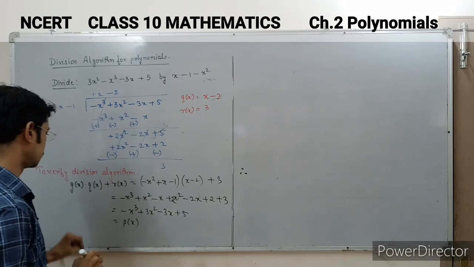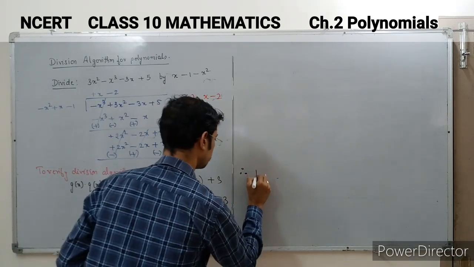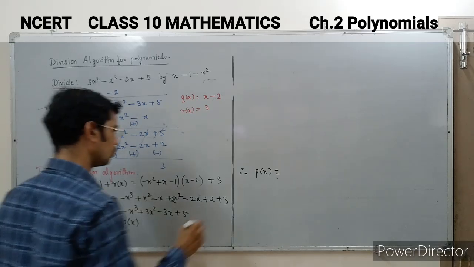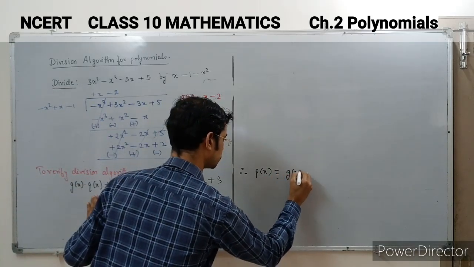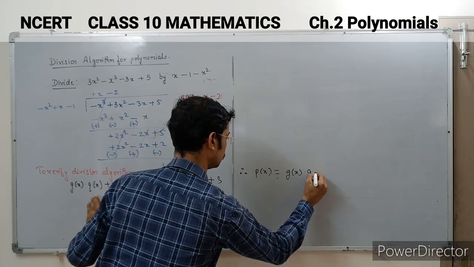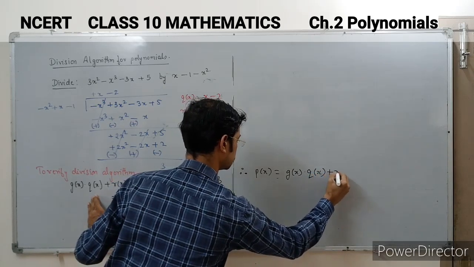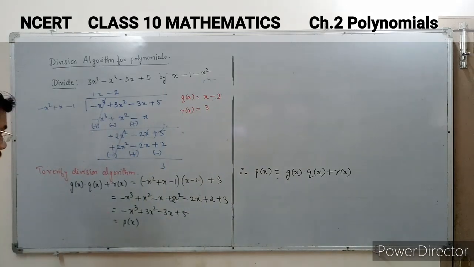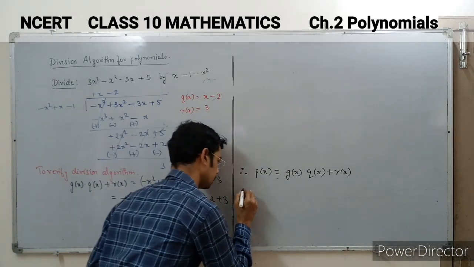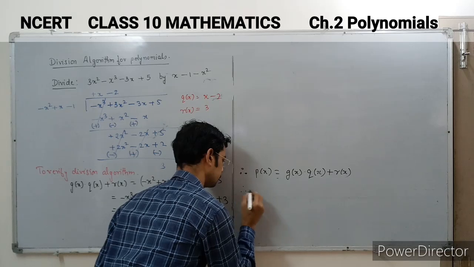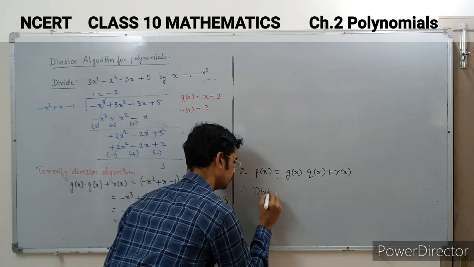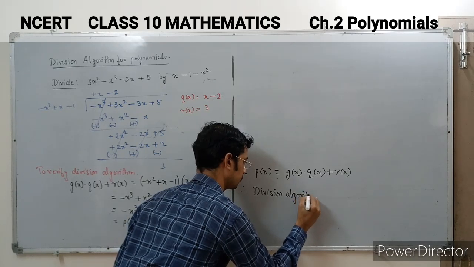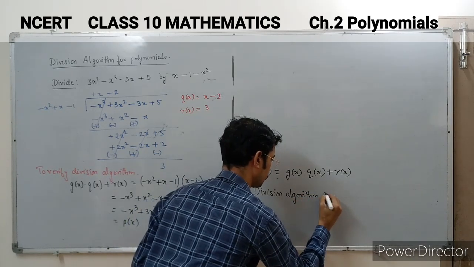Therefore we can say that p of x is equal to g of x into q of x plus r of x. Okay. So therefore division algorithm is verified.